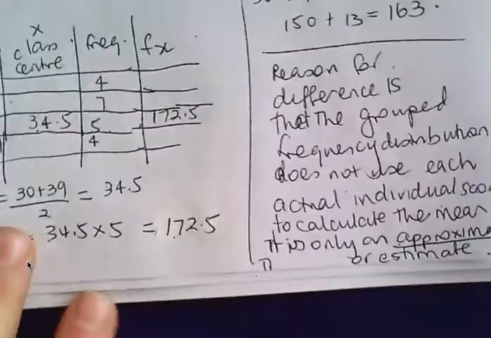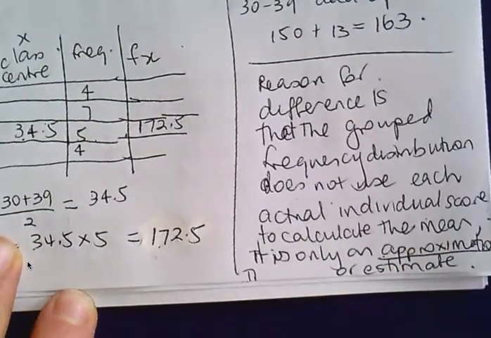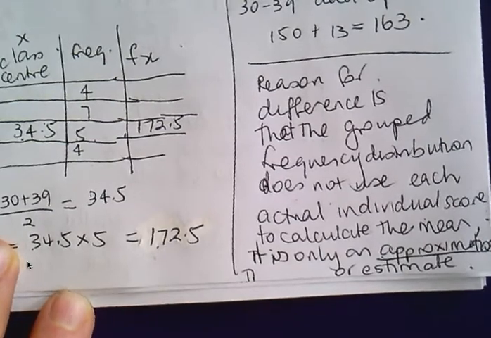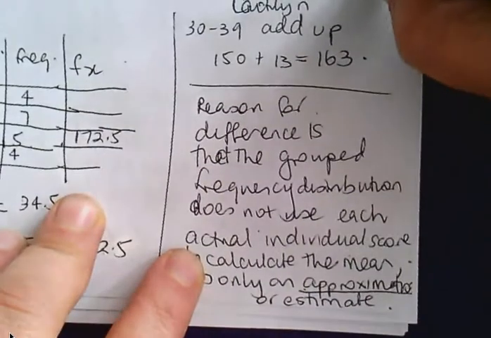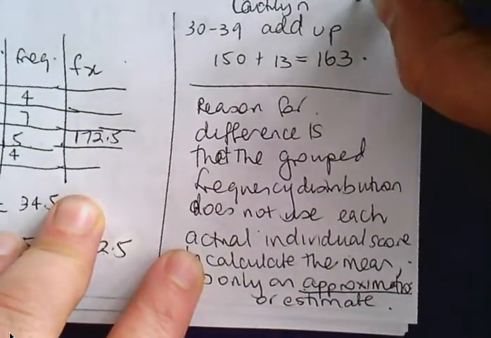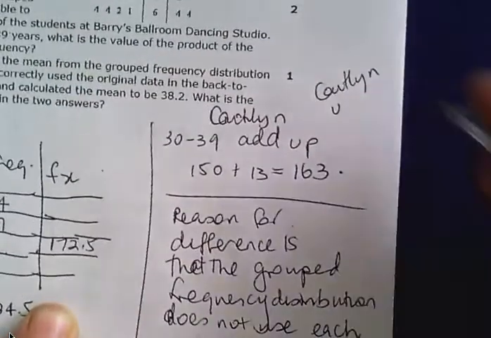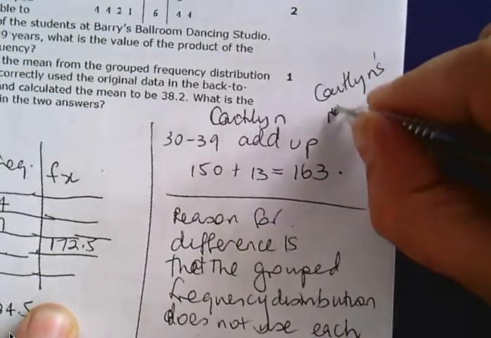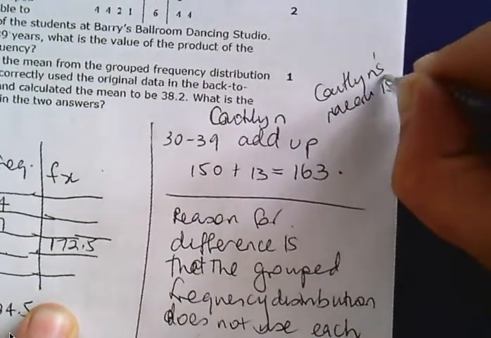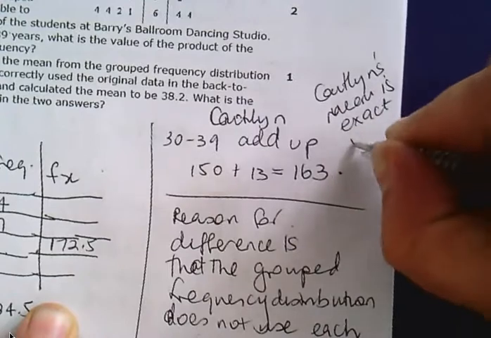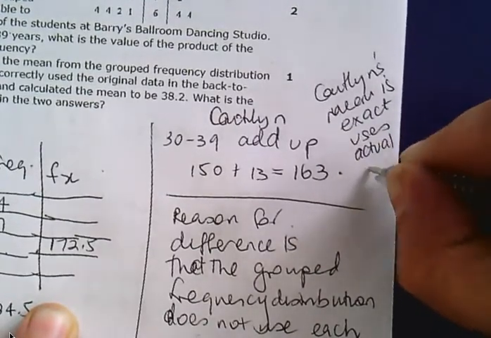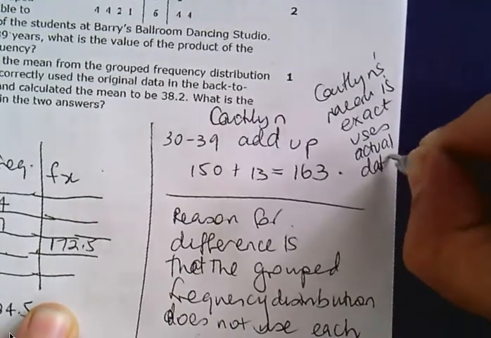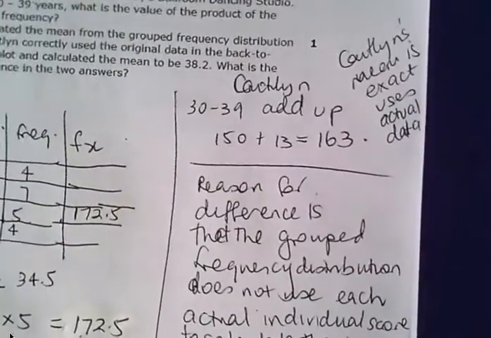So we need to say that Caitlin's mean is exact because it uses the actual data. Each score is counted. All right.